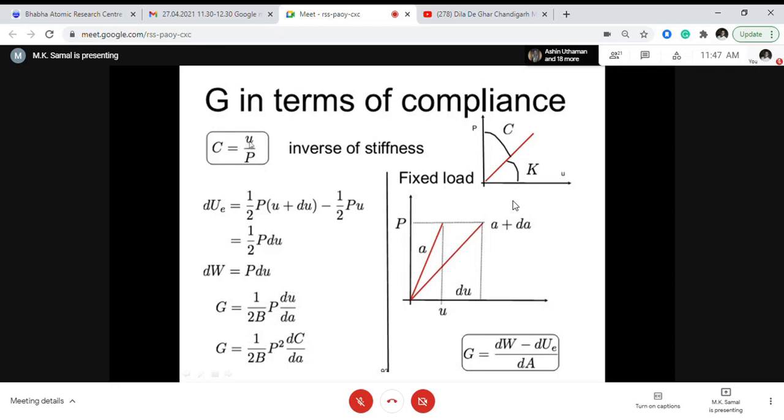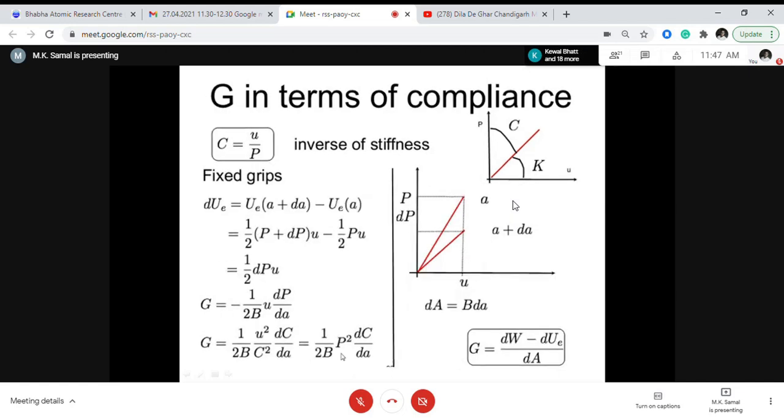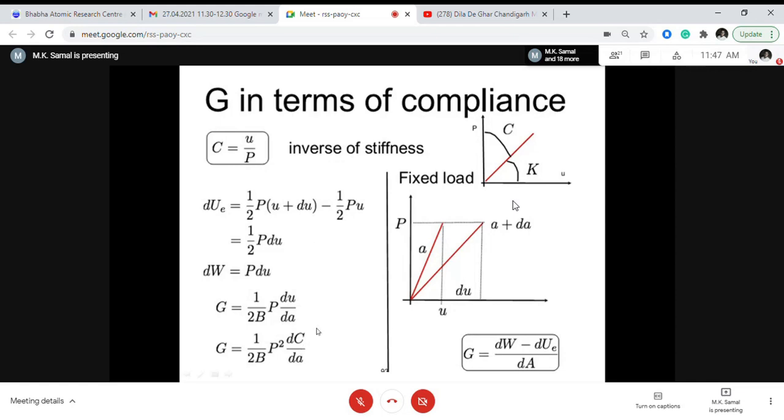Now substitute u equal to p into c, and p is constant here because of fixed load, so p comes out, and p into p becomes p square. What remains is dc by dA. So the expression for G here is also p square by 2b dc by dA. You can see that the previous case is also p square by 2b dc by dA. So whether it is fixed load or fixed displacement, the expression remains the same. Here also, if you know how much the compliance is changing, you can calculate the energy release rate.